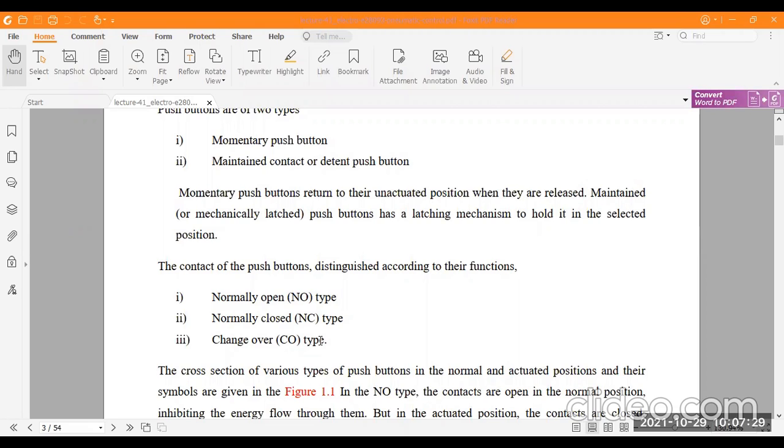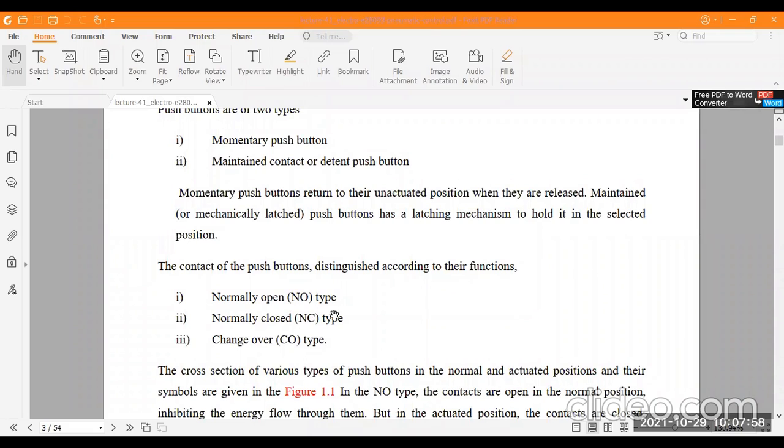When you work in a process industry plant, you will work with different operations of the pneumatic valve and pneumatic controller part. On the body of the pneumatic controller valve, you will see these types of symbols: NO, NC, CO. NO means a normally open type switch or valve.